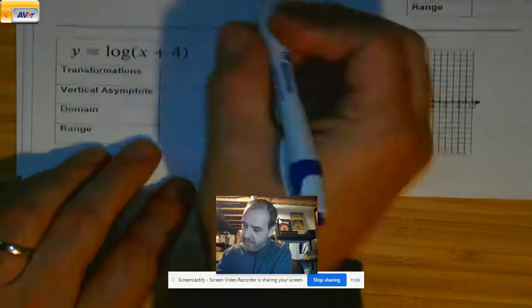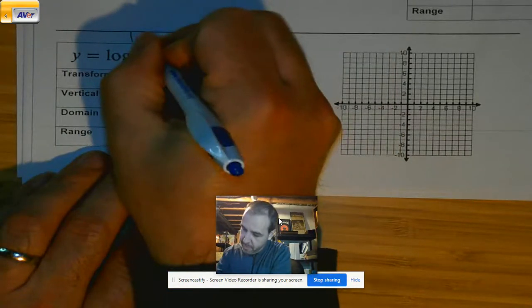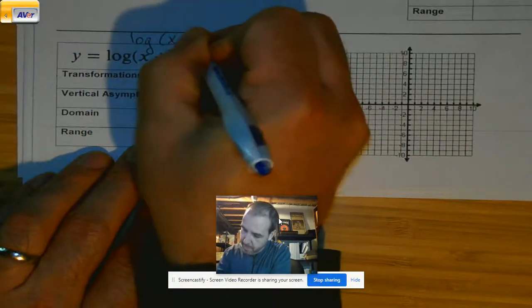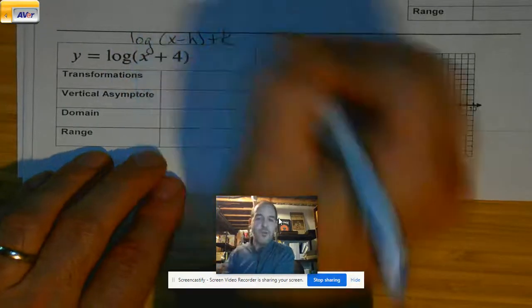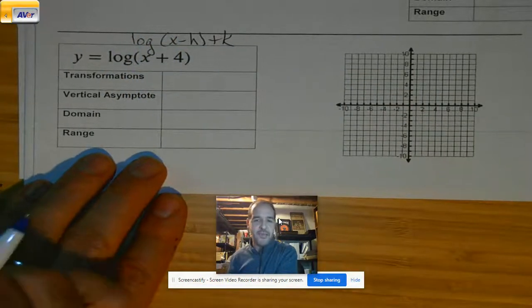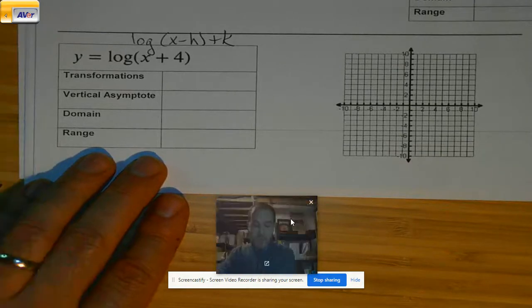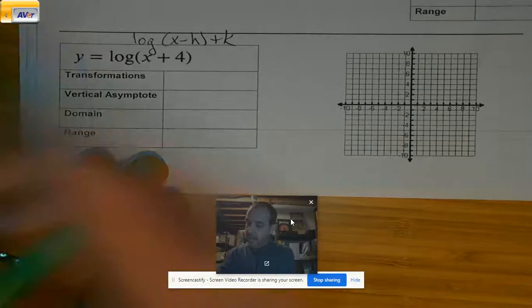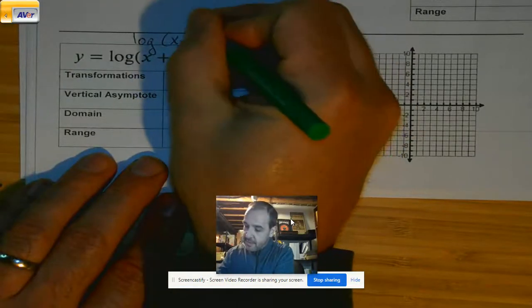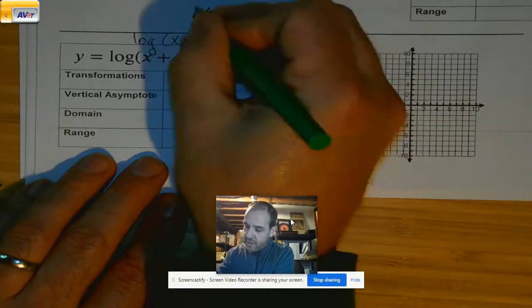First thing we want to check out with this. You're like, no. For those of you that had me first quarter, how many times did we see this H and K thing? Like a bajillion. We saw it with what? Quadratics. We saw it with square root functions. We saw it with absolute value functions. Now we're seeing it again with logs. So reminder what all these things mean. The value in the parentheses is my left or my right shift.